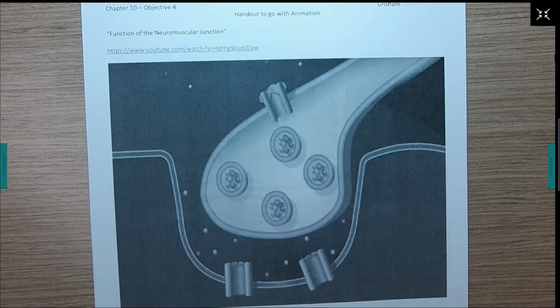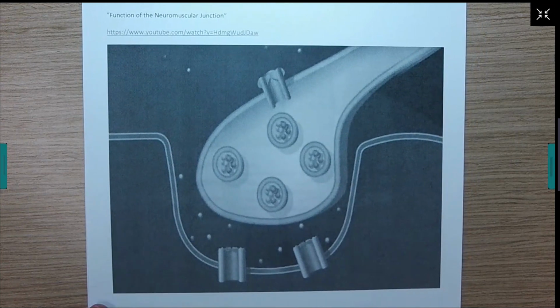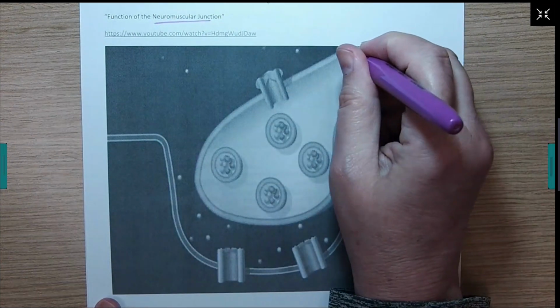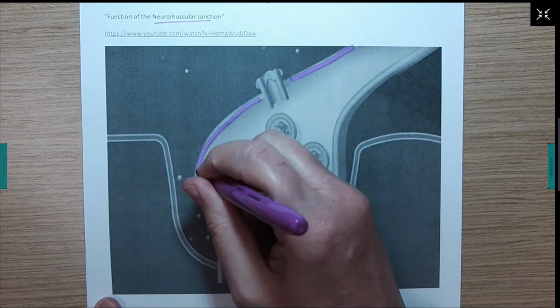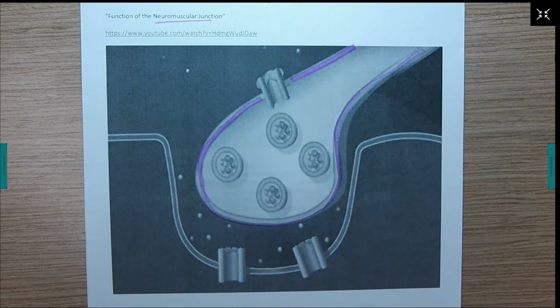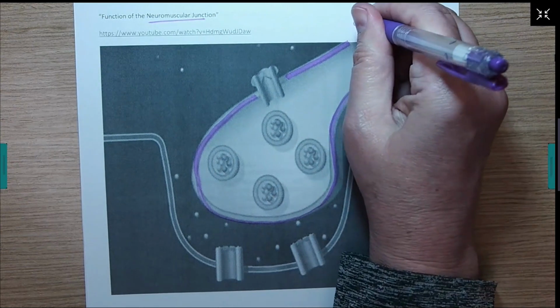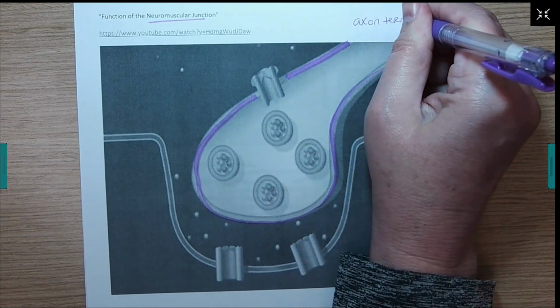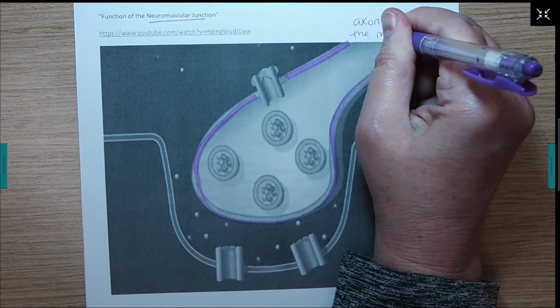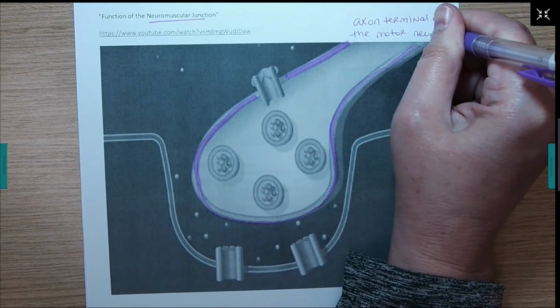Just to kind of label everything so you see what's going on, this is the neuromuscular junction here. You can see this cell right here. This is the axon terminal of the motor neuron.